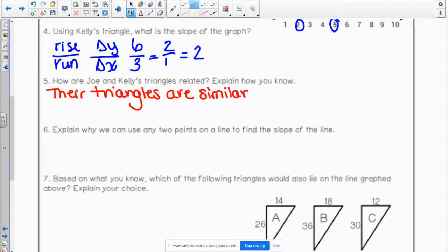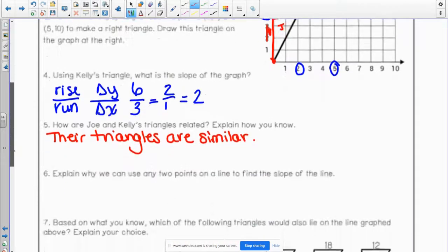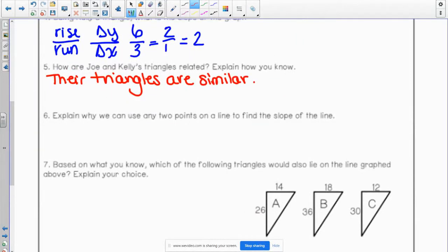Because to have similar triangles, looking again at this graph, you have to have proportional sides. So this proportion of 4 to 2 is the same proportion as 6 to 3 because they both reduce down to 2 to 1. So their triangles are similar, and I'll write there that their side lengths are proportional.